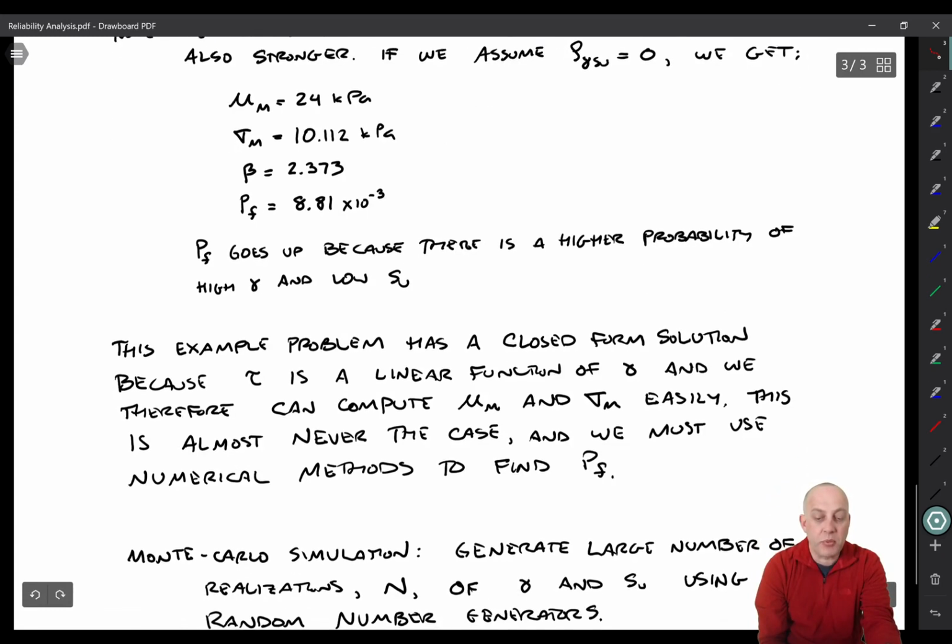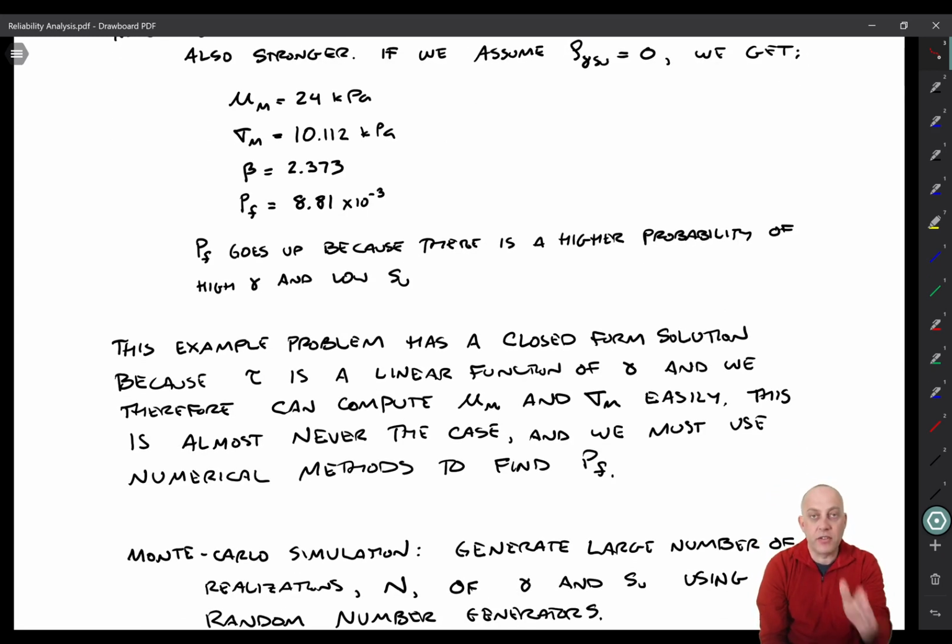All right, now this example problem that we did on the vertical cut had a closed form solution, which makes it really nice to illustrate some key concepts, but it's not particularly realistic. The reason we could do a closed form solution is that tau was a linear function of gamma, right? All that we did was multiply a random variable by some constants in order to get the equilibrium shear stress distribution.